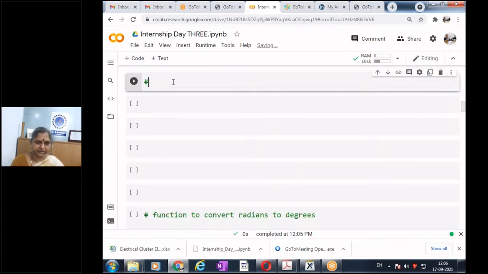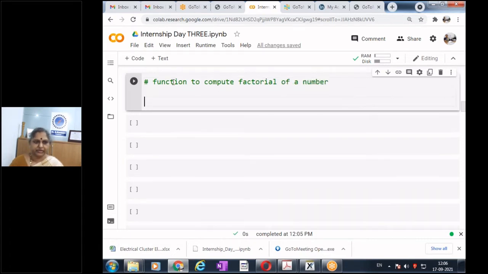So a function to compute factorial of a number. So what will it be? Let us say factorial of a given number.